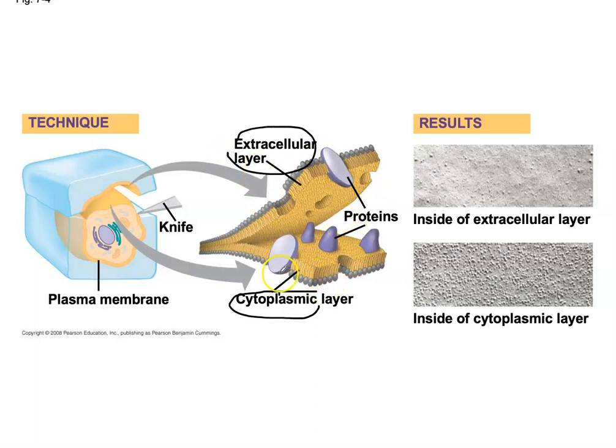Certain proteins will be only on the inside. Some of them stick into the extracellular side. So there are internal proteins, external proteins, and integral proteins, also called transmembrane proteins. Transmembrane means going through and through.